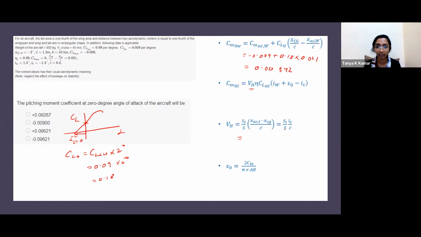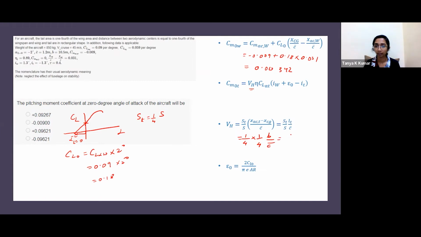Do we have ST? We have ST upon S. They've said that the tail area is 1/4 of the wing area, so ST upon S is 1/4. Then the distance between the two aerodynamic centers is equal to 1/4 of the wingspan, so LT is 1/4 into B, and you have C bar.